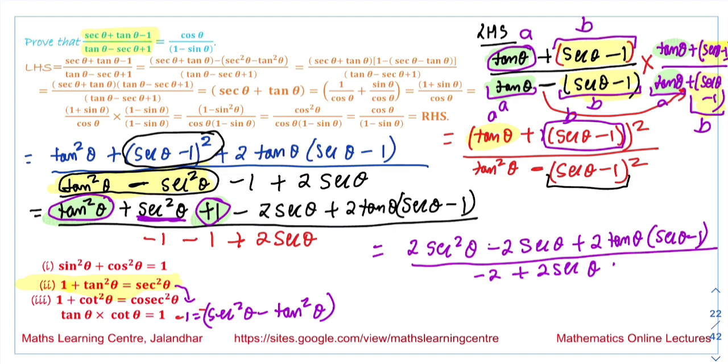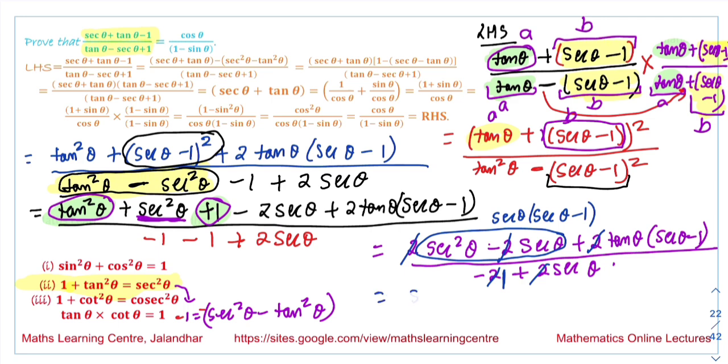Now from this numerator, first of all we cancel the 2. We take 2 common from the numerator and 2 common from the denominator. From these two terms we take secant theta common, and what we are left with is secant theta minus 1.